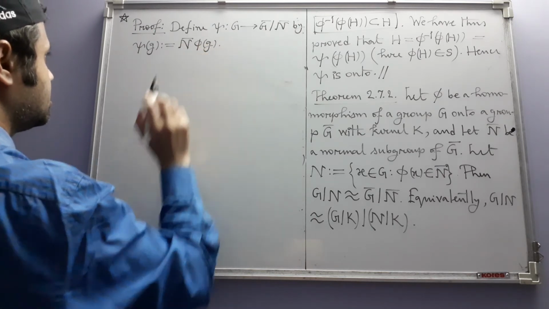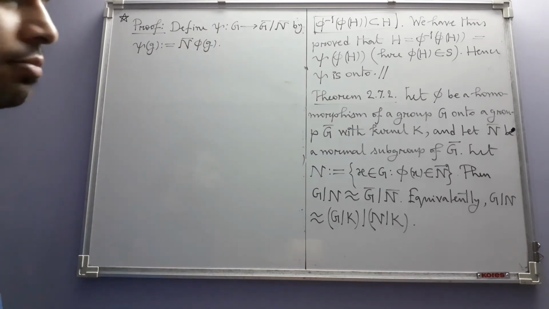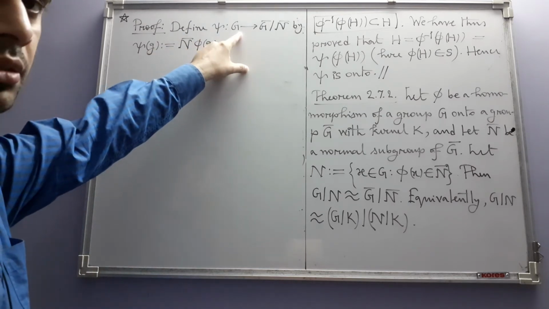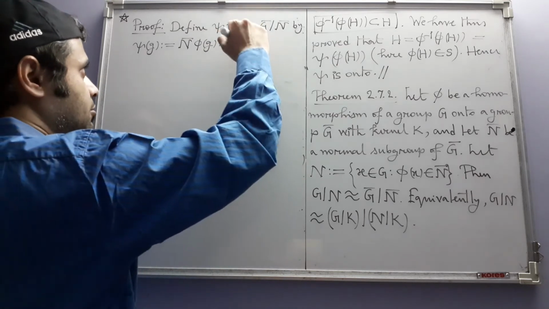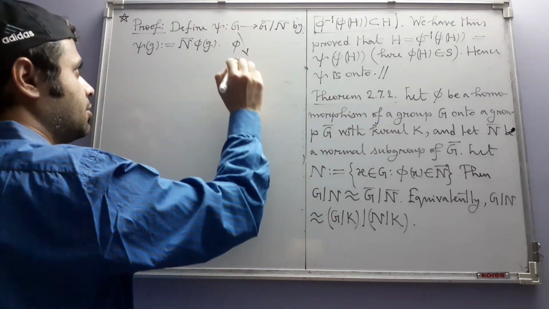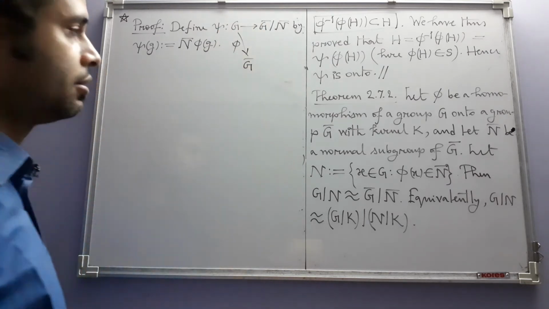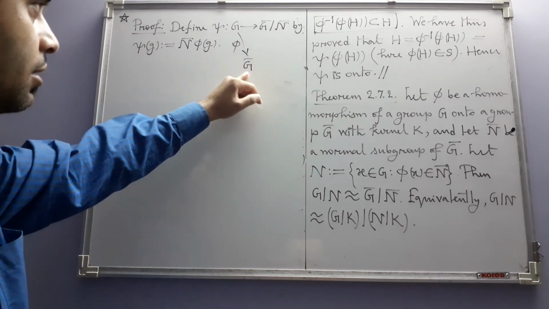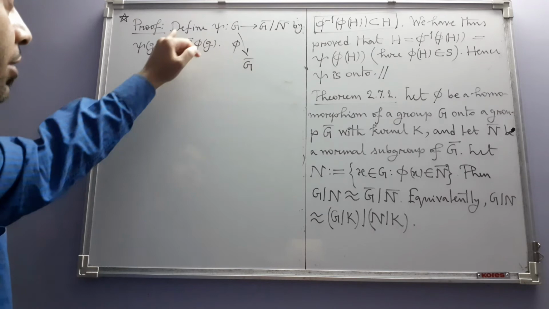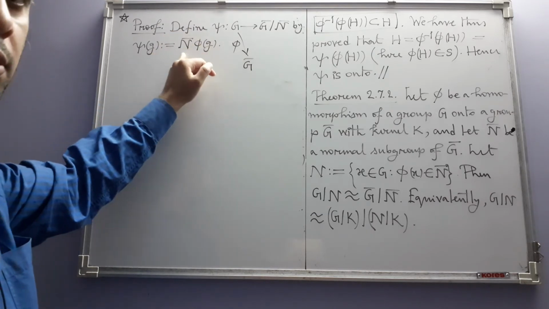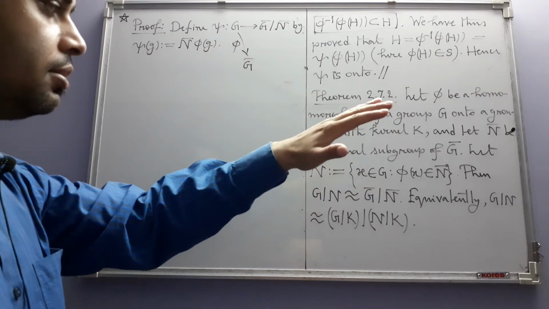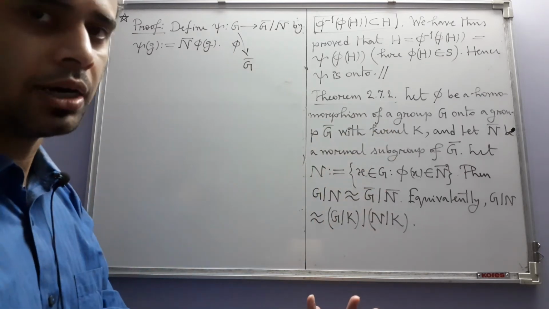The question is, does it make sense? First of all, g is an element of G, and we already have a mapping phi from G to G bar. So phi of g will be an element of G bar. So we can in fact form the coset N bar phi of g of the normal subgroup N bar of G bar.